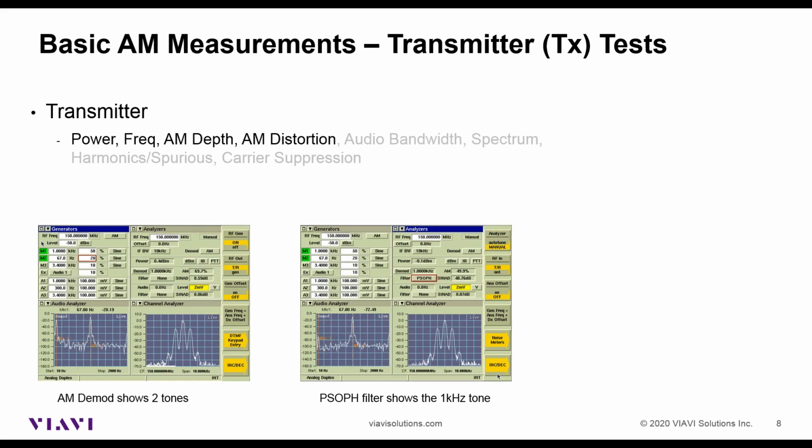So think of that really as like a 300 hertz to 3.4 kilohertz voice filter. So what you see now is it's filtered out the 67 hertz, and now all I see is the 1 kilohertz tone at approximately 50% AM depth with a very good SINAD measurement, so very, very low distortion.